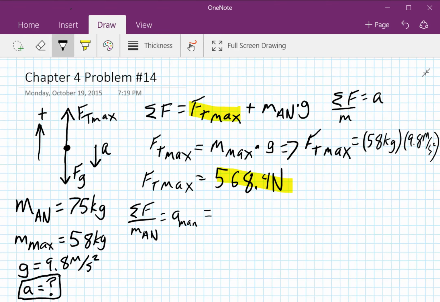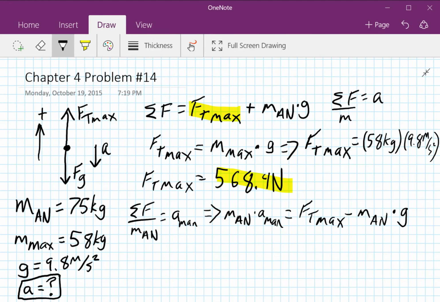So if we substitute it out for the sum of the forces, we just have the mass of the man times the acceleration of the man equals Ft max minus, and Fg is just another way of saying the mass of the man times the acceleration of gravity.